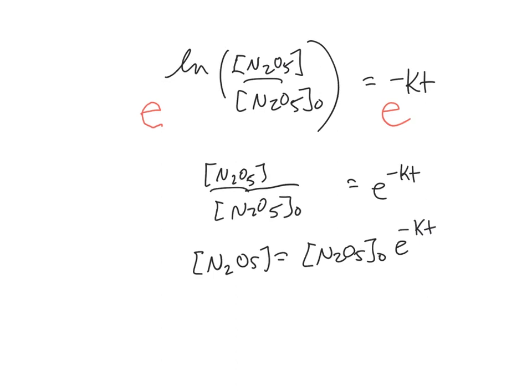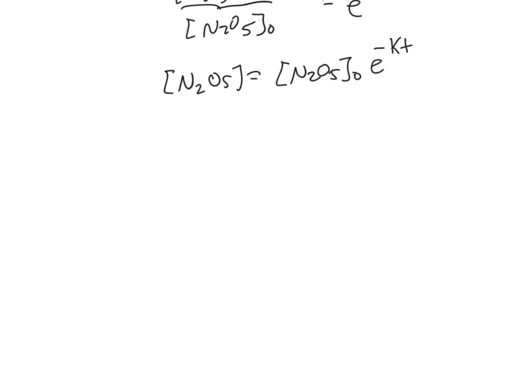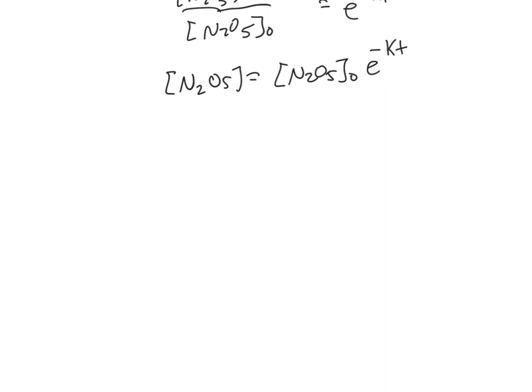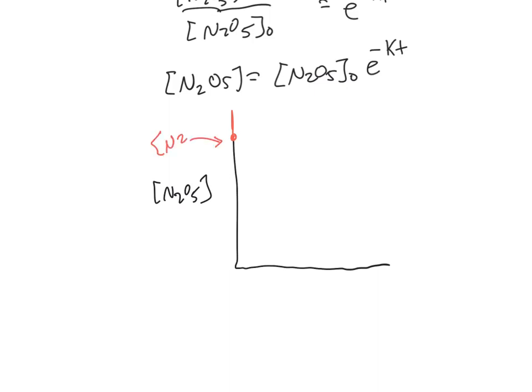So you can see here that there's an exponential function associated with this first order rate law. And here, if you did a graph of N2O5, your initial point up here is concentration. This point would be your initial concentration, N2O5 initial.